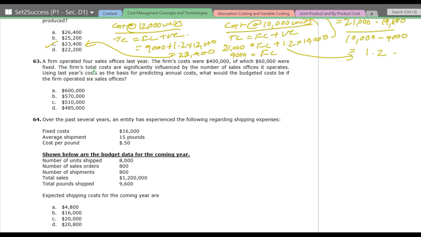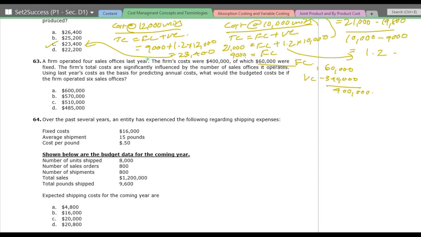Next, a firm operated four sales offices last year. The firm's cost was 400,000, of which 60,000 were fixed. So this is your fixed cost. If 60,000 is fixed cost, then the variable cost is 340,000. 60,000 is fixed, so that is equal to 400,000.